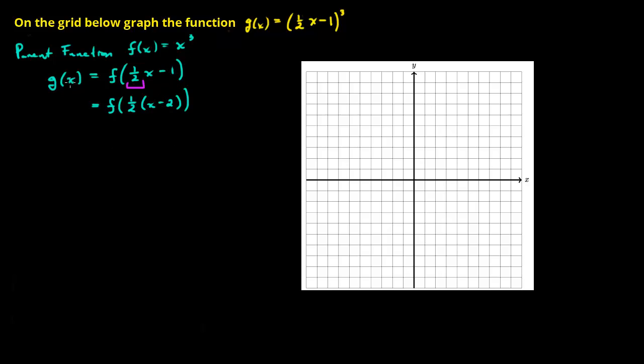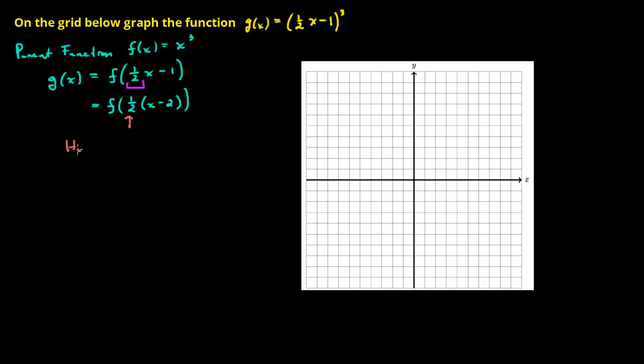So g of x is related to f of x in the following way: g of x is equal to f of 1/2 times x minus 2 in brackets. But now that this is written in factored form, I can think about what transformations are applied here. This factor of 1/2 is a horizontal stretch of f of x by a factor of 2.